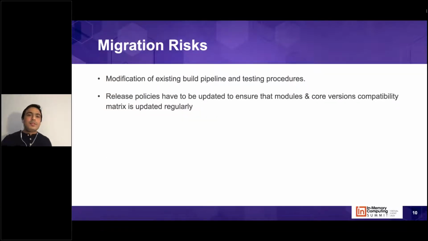Some of the migration risks that we have considered: we have a very large build pipeline, and we have different modules which get validated. So as we migrate each of those modules from the existing Apache Ignite project to the new Apache Ignite extension project, we have to modify the build pipeline and constantly ensure that it is green.